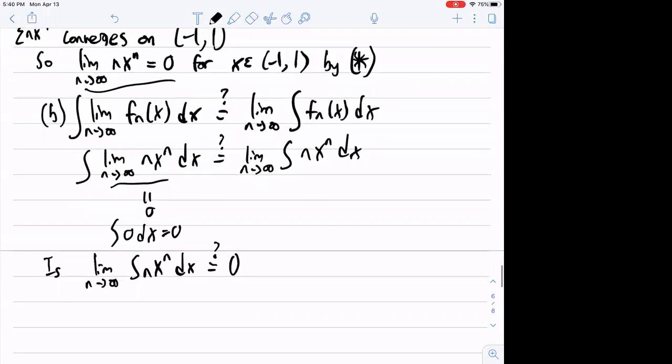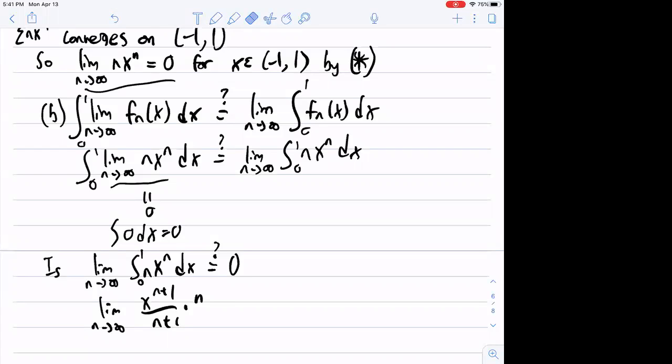Well, we can calculate this, right? What is this limit? What is the integral? If we integrate, I get x to the n plus 1 over n plus 1 times n, right? Sorry, this is integral from 0 to 1. Sorry about that. So what is this integral?